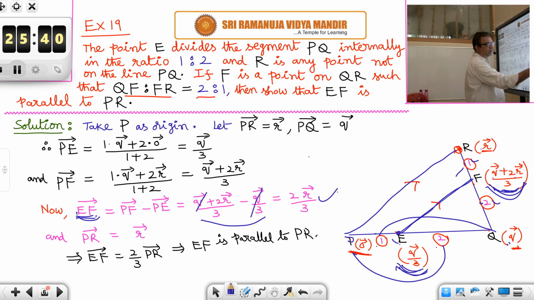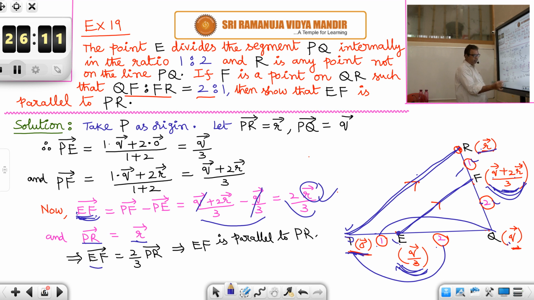Now PR bar. PR bar is what? PR bar, see in the diagram. PR bar. This vector minus this vector is 0 bar. Position vector of that point minus position vector of this point. So R bar minus 0 bar. That means R bar only. See the two vectors now. PR bar is R bar, EF bar is 2 by 3 R bar. Can I write EF bar as 2 by 3 R bar? So in place of R bar, can I put PR bar?